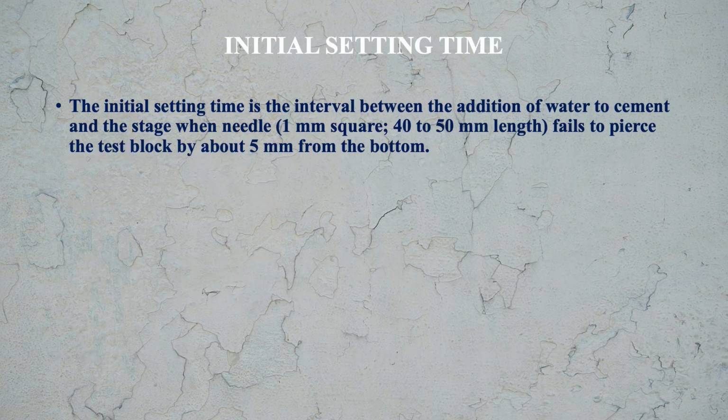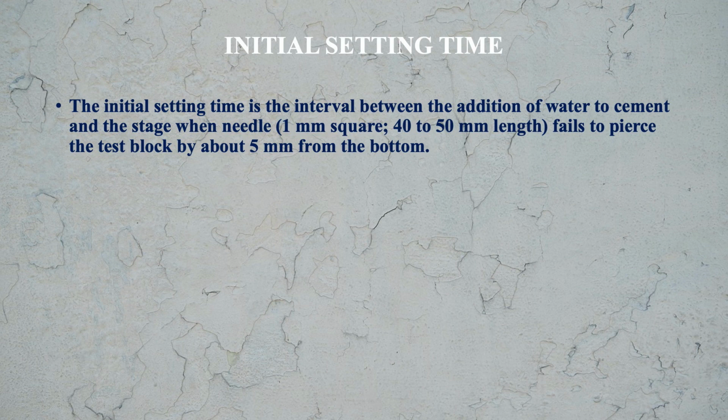The initial setting time is the interval between the addition of water to cement and the stage when the needle, which is 1 mm square and 40 to 50 mm long, fails to pierce the test block by about 5 mm from the bottom.